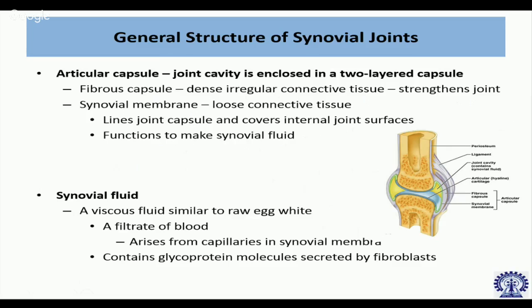The function is similar to tribology, and it reduces wear and tear of the joint. This viscous fluid has two sources: a filtrate of blood, which arises from capillaries in the synovial membrane, and glycoprotein molecules secreted by fibroblasts.